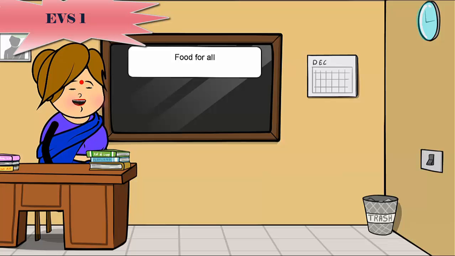Now we are going to move towards our half lesson which is remaining. In this lesson we are going to check what are the processes for food storage, how to conserve the environment, then storage of grains, protection of crops, everything. So come on, we will see our half lesson, that is Food for All.